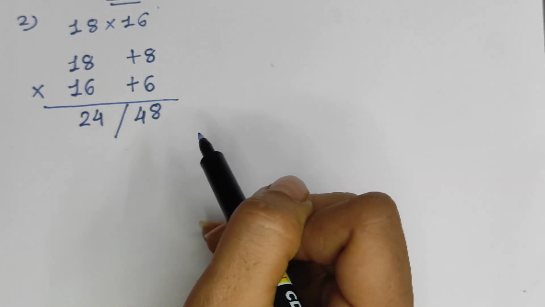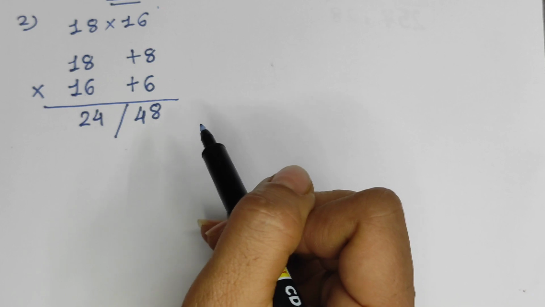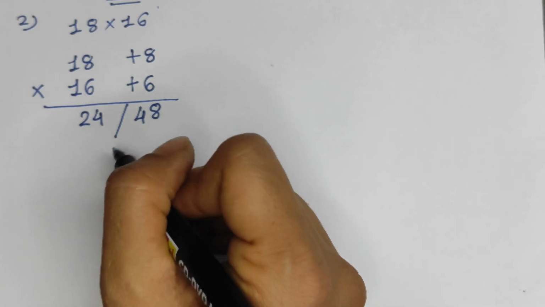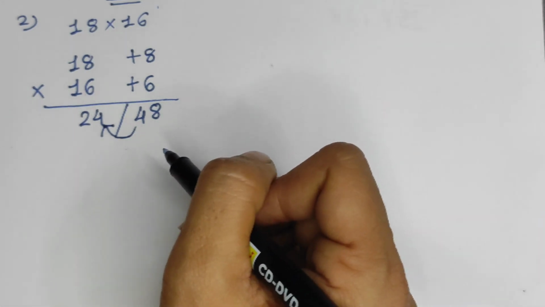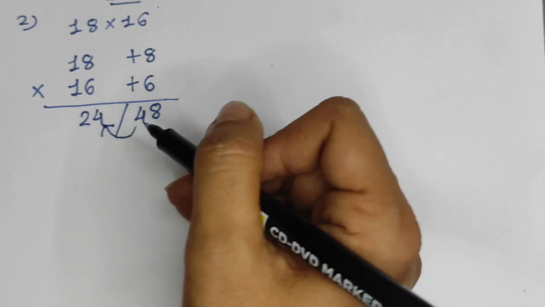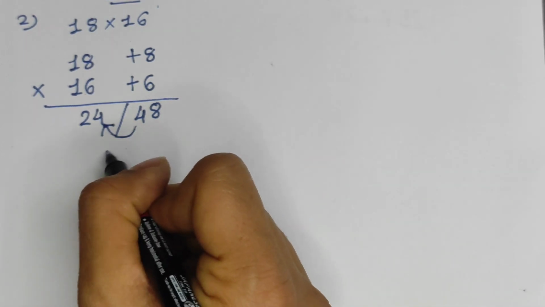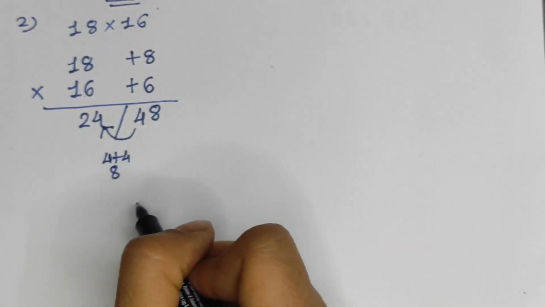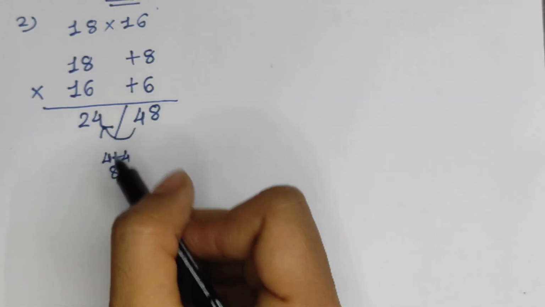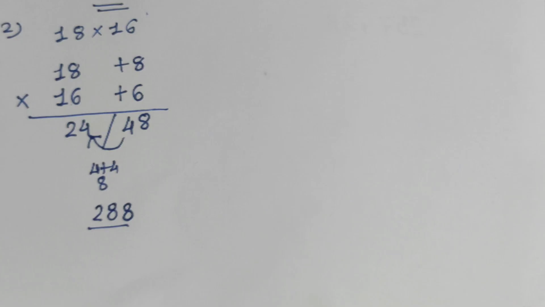Here only 8 will be on the right side, while 4 is carried to the left side, to the unit digit, and we add these two numbers. So we get 4 plus 4, 8. So in the unit digit place 8, in the tens digit place 8, and 2. The answer is 288.